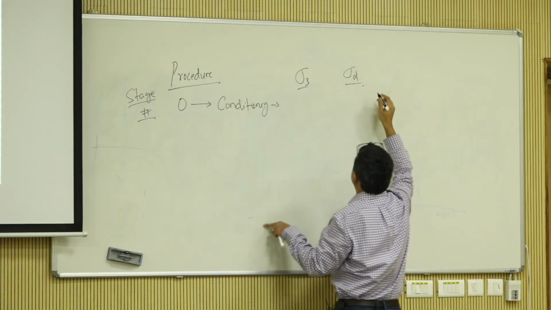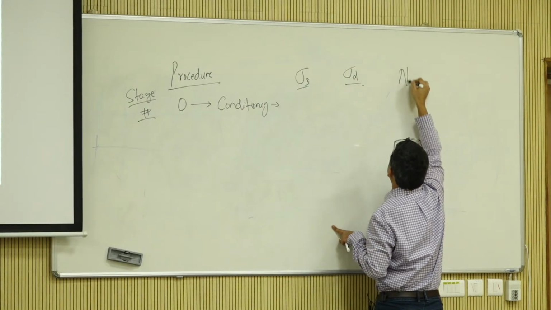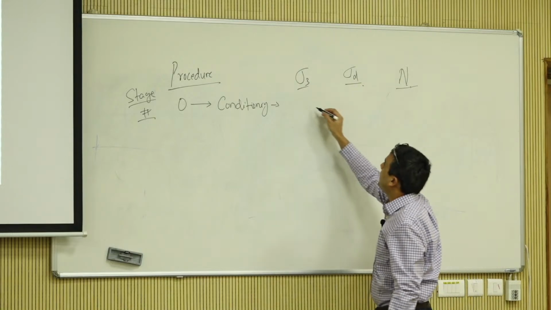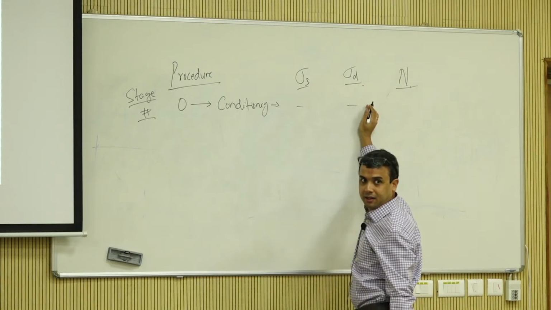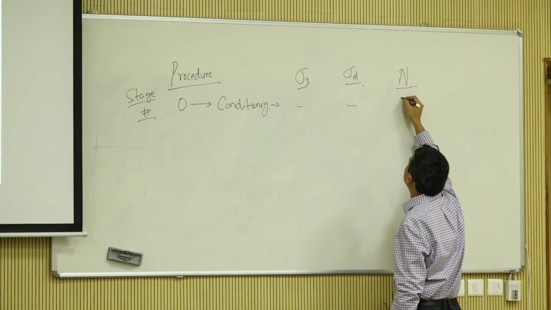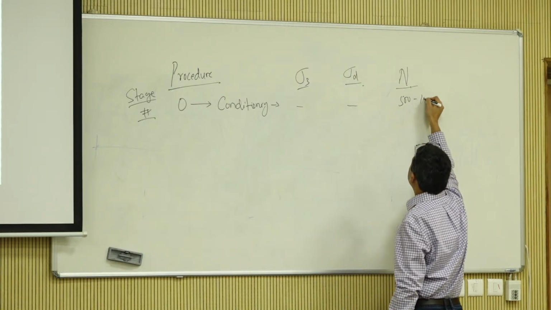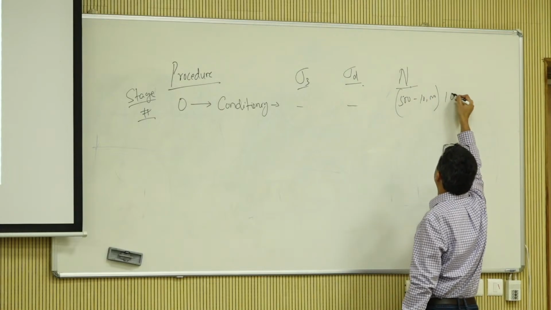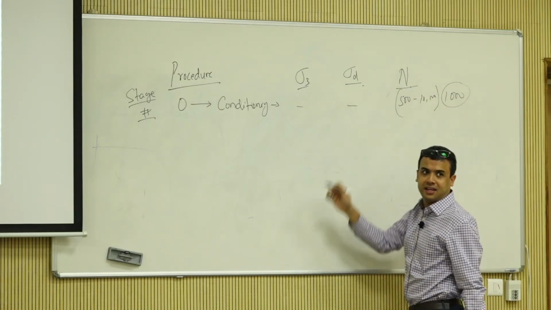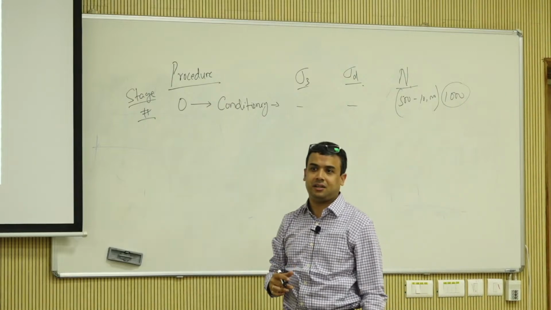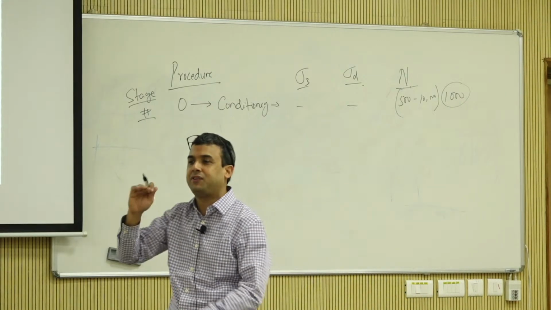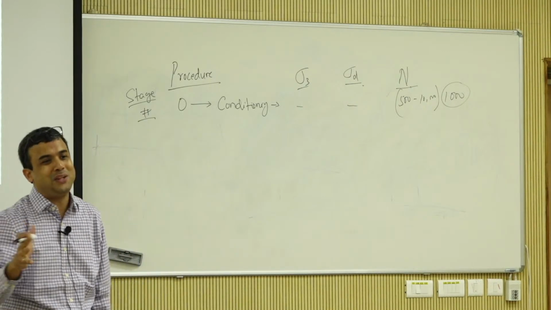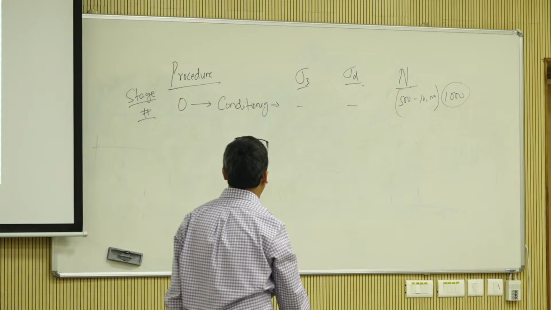We'll look into that, and n is the number of cycles. But conditioning is usually 500 to 10,000 cycles. What I have done most commonly in my life is 1,000 cycles of conditioning. There is a requirement that after conditioning you should not have permanent deformation more than a limit, but with a well compacted sample, 1,000 cycles usually works.